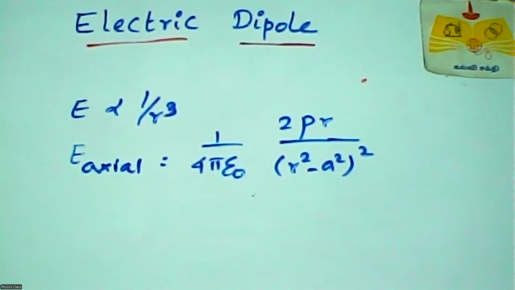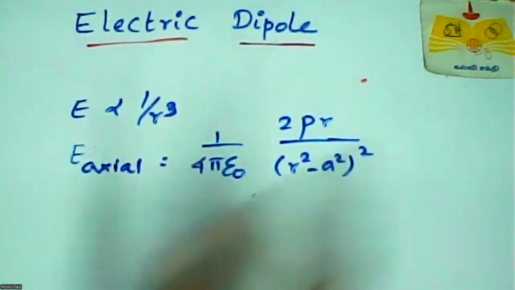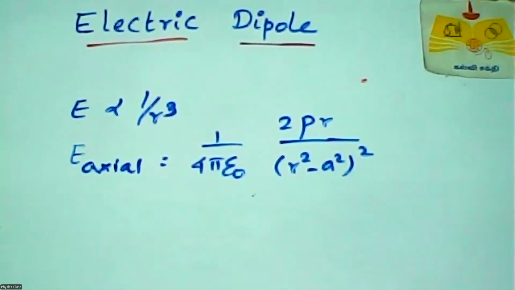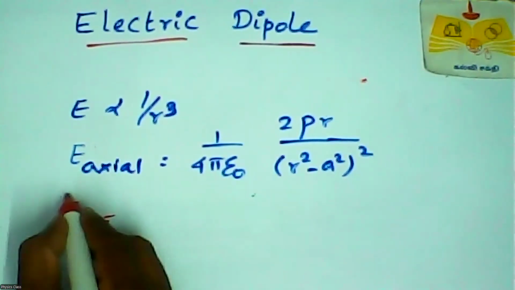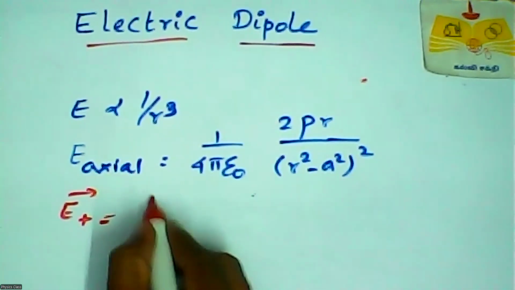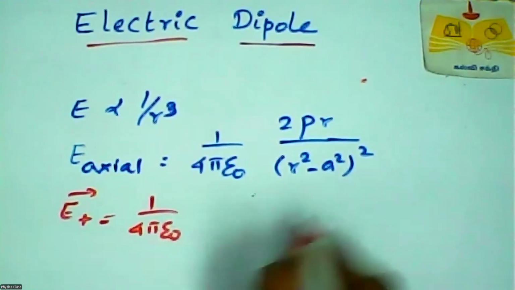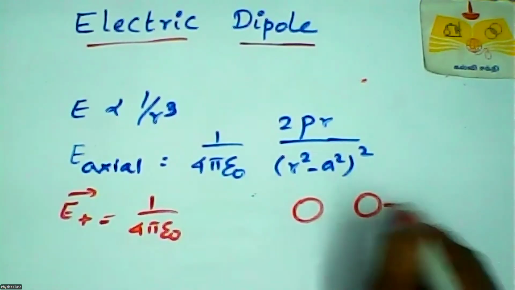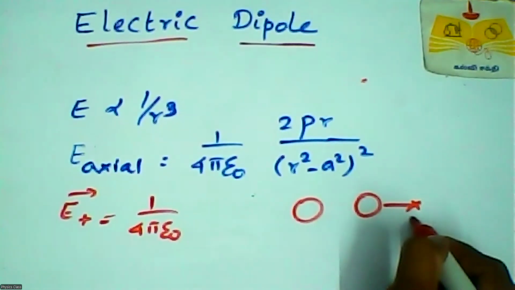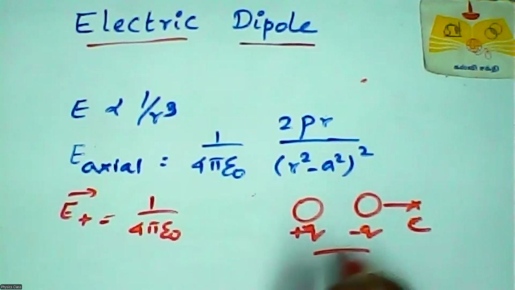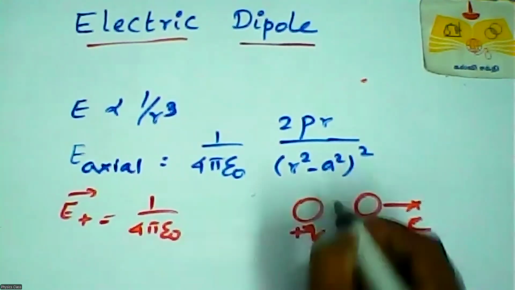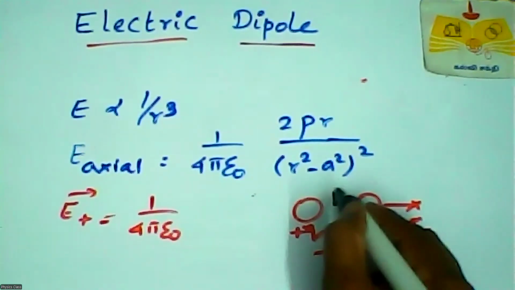For example, the electric field due to the point charge plus q at some other point on the axial line, we can take E plus, because it is due to positive q. So this is plus q, this is minus q, 2a distance, and r is the distance between the center of the dipole and this point.